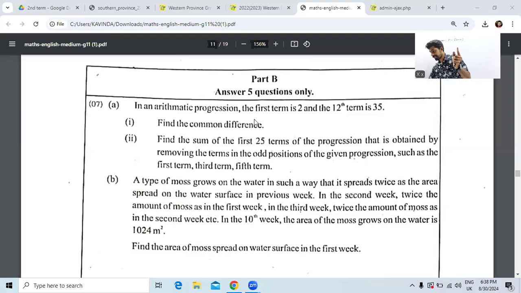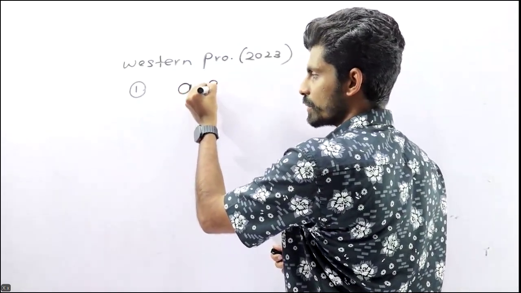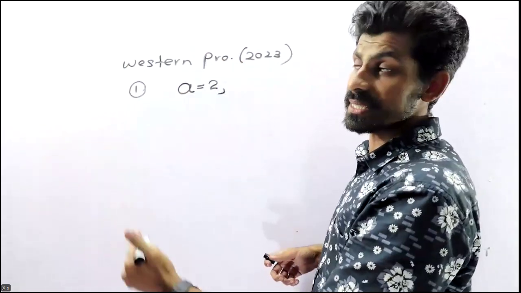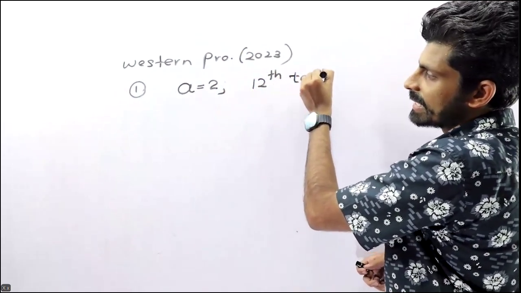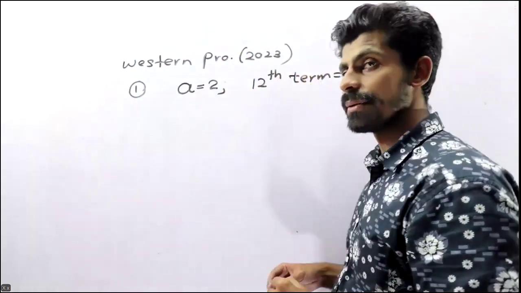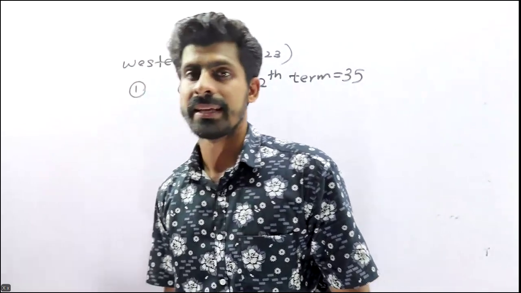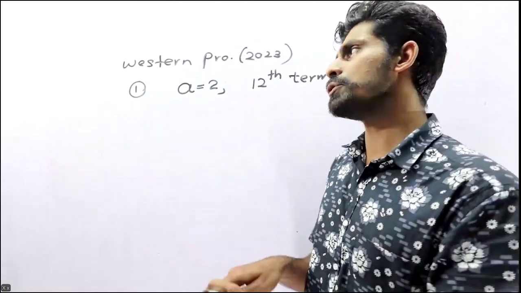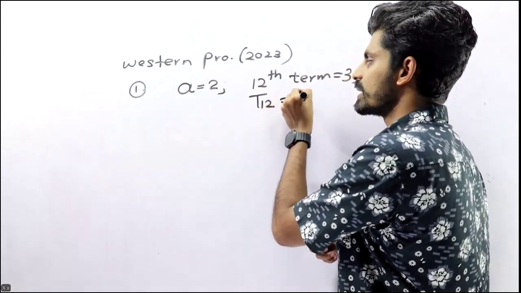Let's identify the data given. In the arithmetic progression, the first term is 2, so a equals 2. The 12th term is 35, so T12 equals 35.